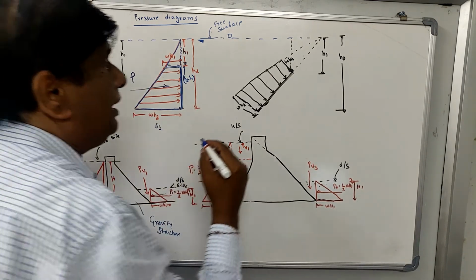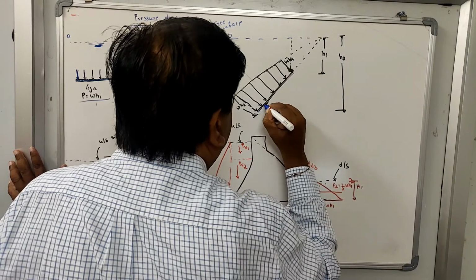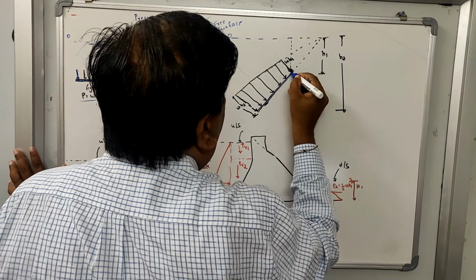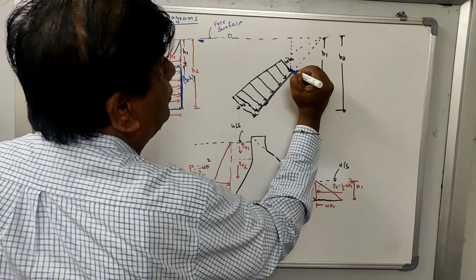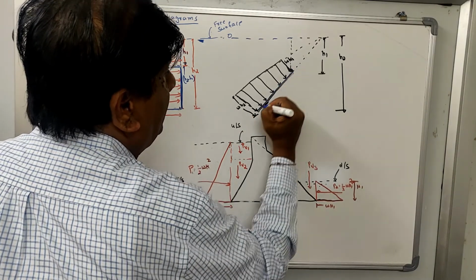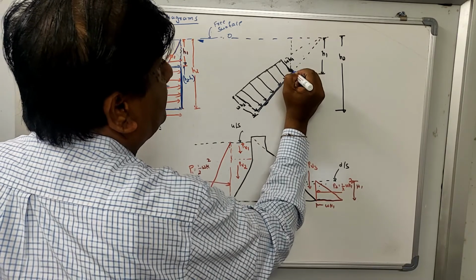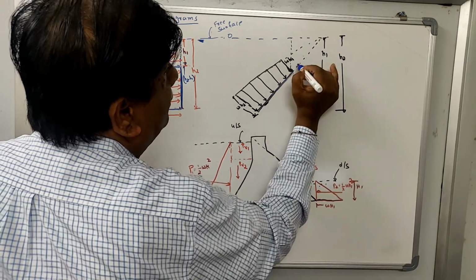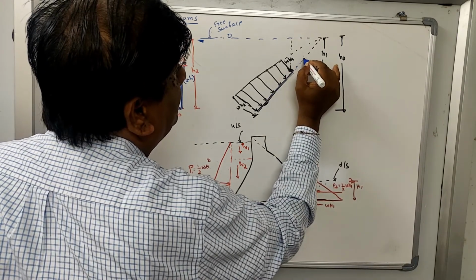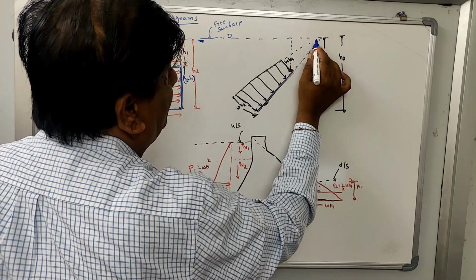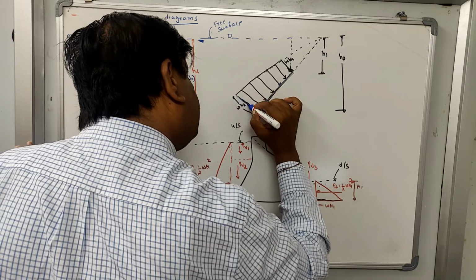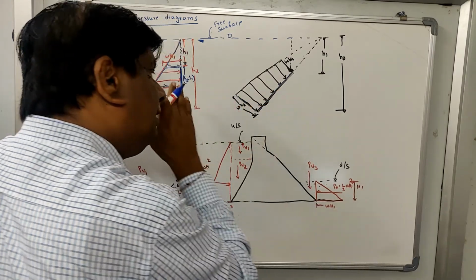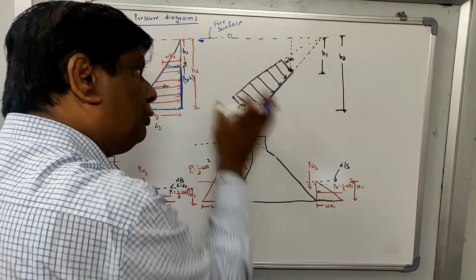Similarly, if the plate is immersed in an inclined direction, so this is the plate. To draw the pressure diagram, you join this up to the free surface, then the maximum pressure intensity will always act at the base, and its direction is normal to the plate.